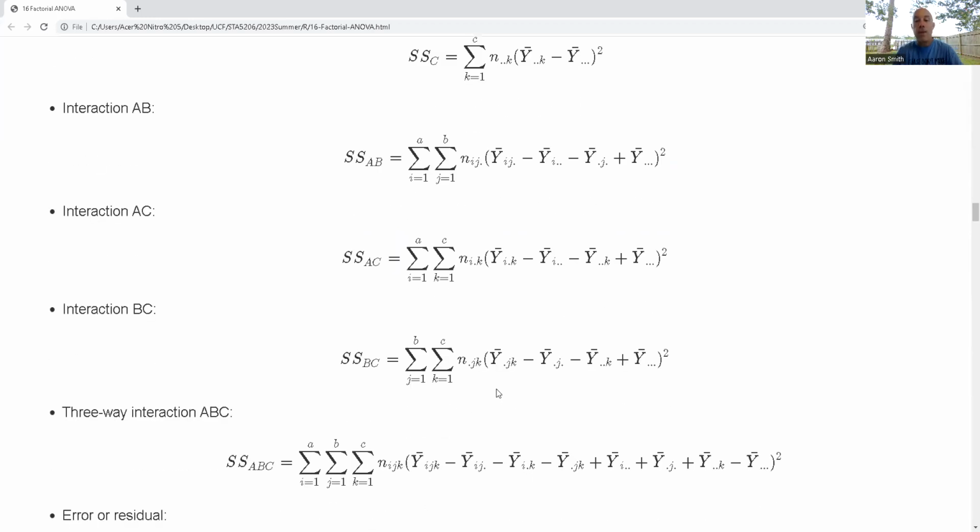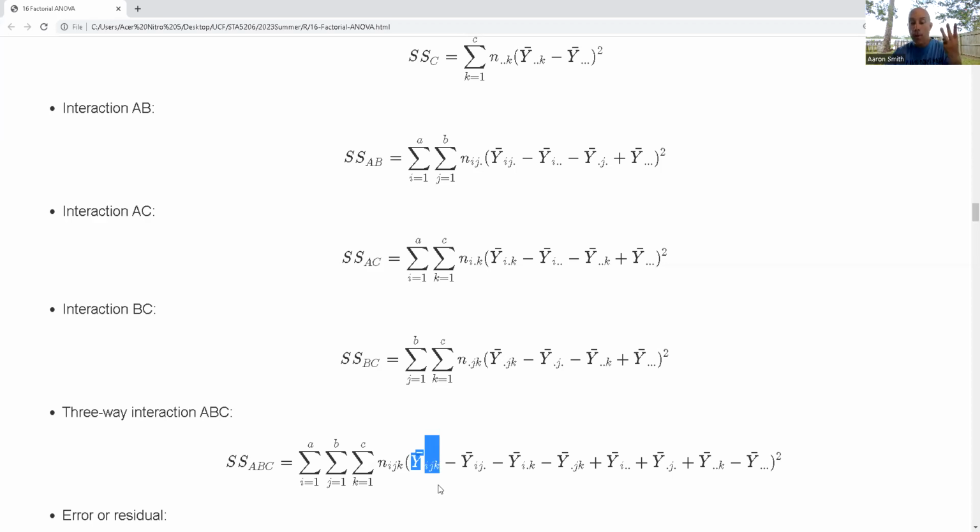Now, it gets even more exciting for three-way interactions. I consider three variables, my three independent variables, and look at the subpopulations defined by all three. I take a level of A, a level of B, a level of C, and for all the records that have this combination, I take the average.